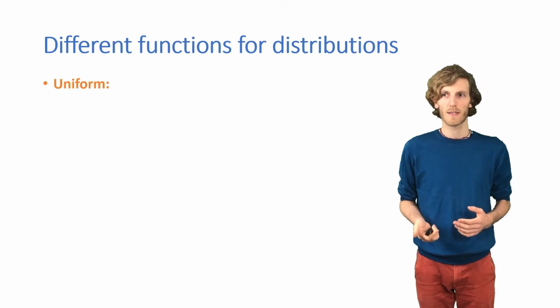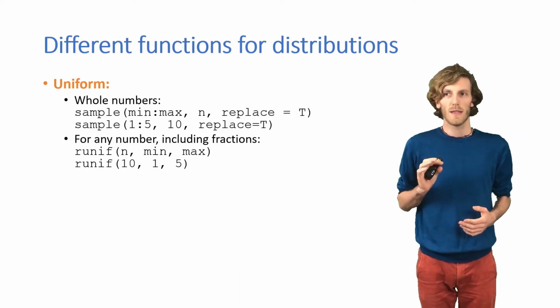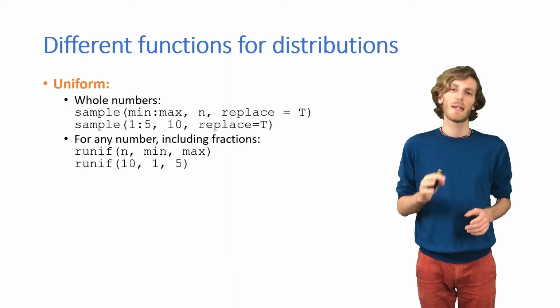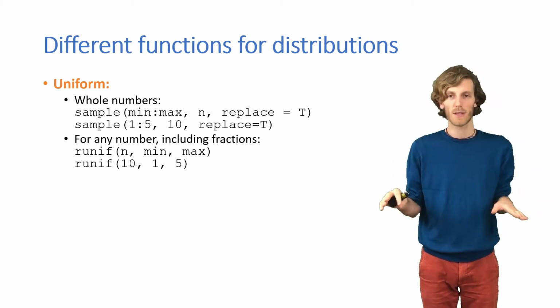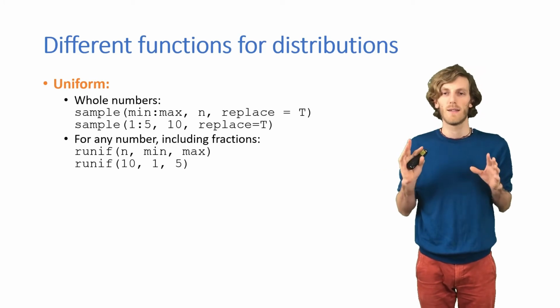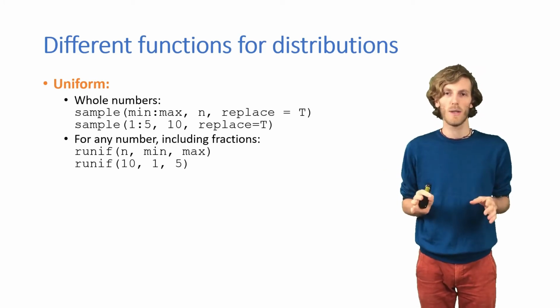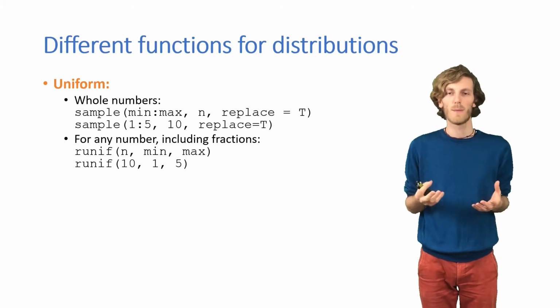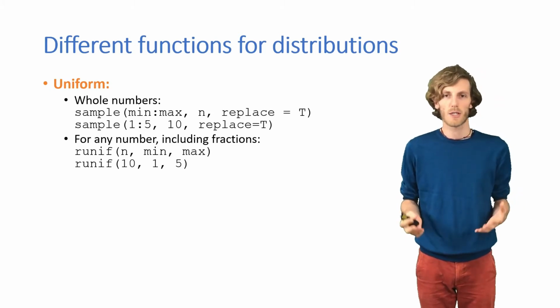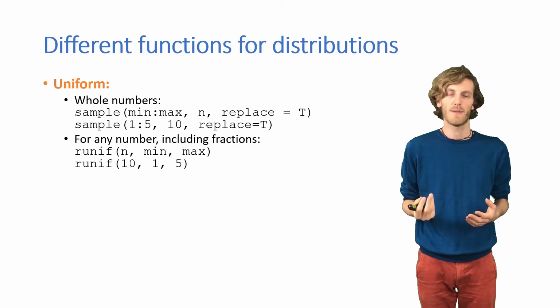If we have a uniform distribution, there are two different functions. Which one we use depends on whether we want whole numbers or whether we want any possible numbers, including fractions. Let's first think about whole numbers. Whole numbers are where the notion of drawing balls from an urn makes the most intuitive sense, and that's exactly what the sample function does.